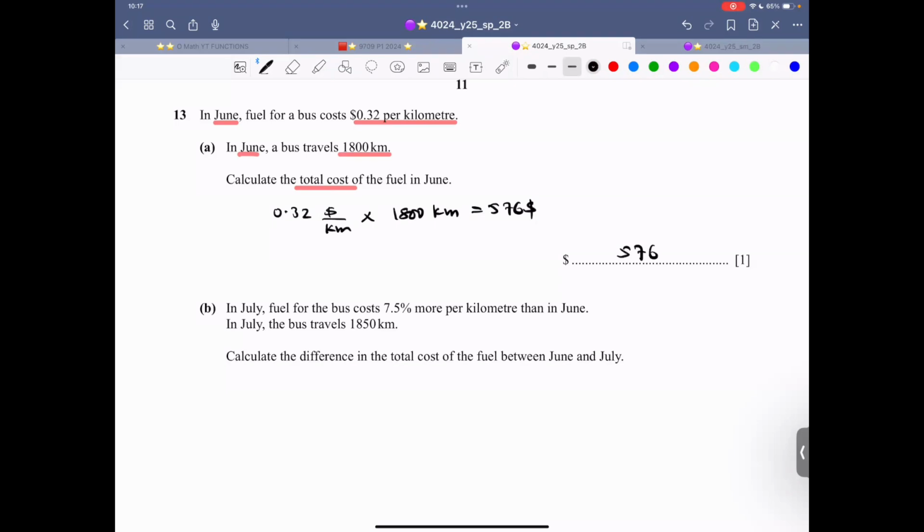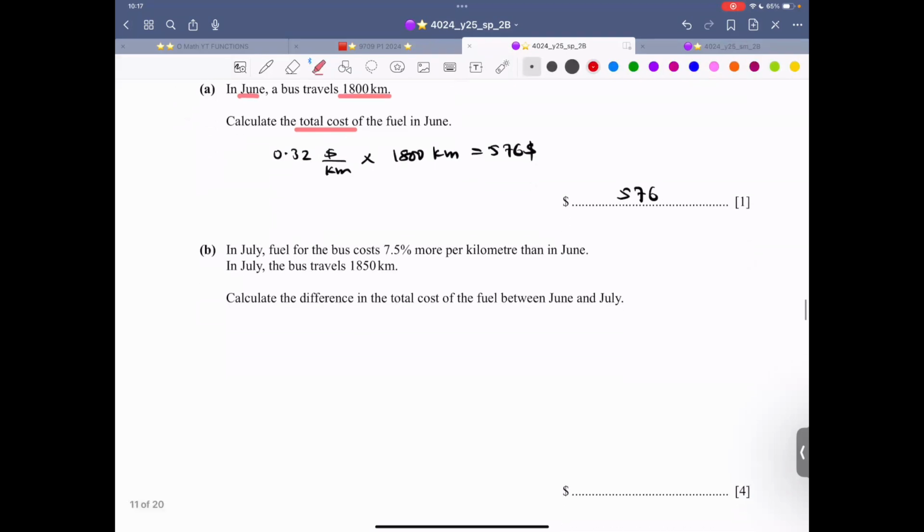Right over here $576. Now we are talking about the month of July. In July, the fuel for the bus costs 7.5% more per kilometer than in June. In July, the bus travels 1850. Calculate the difference in the total cost of the fuel between June versus July.